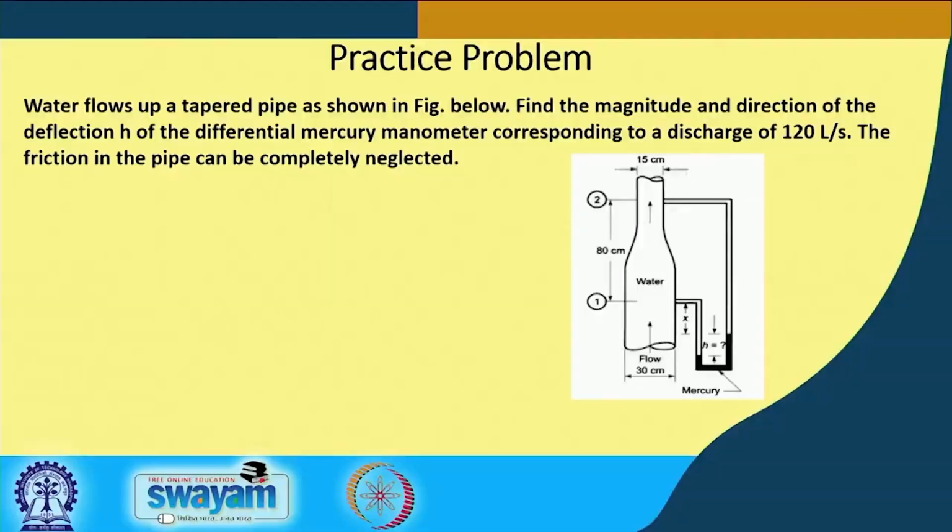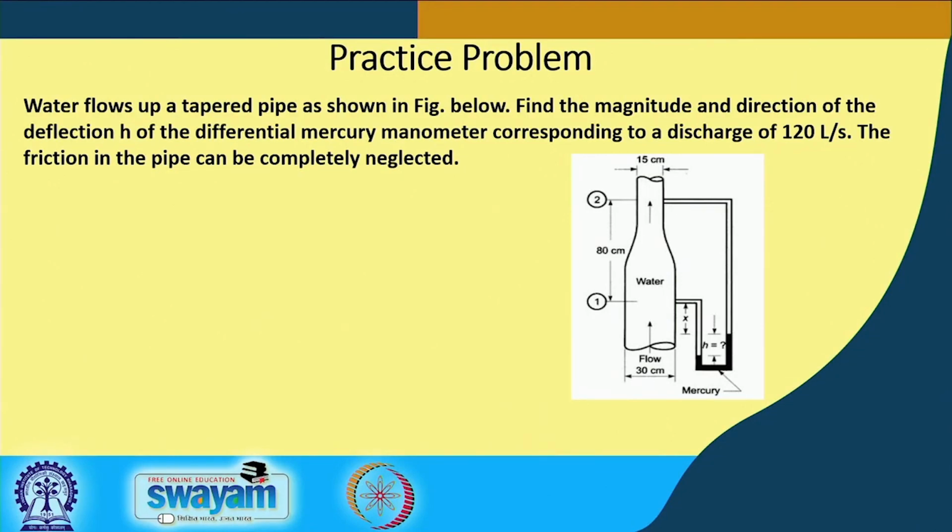Welcome back. We are going to start this lecture by solving the practice problem where we ended our last lecture. The problem goes like this: the water flows up a tapered pipe as shown in the figure below.